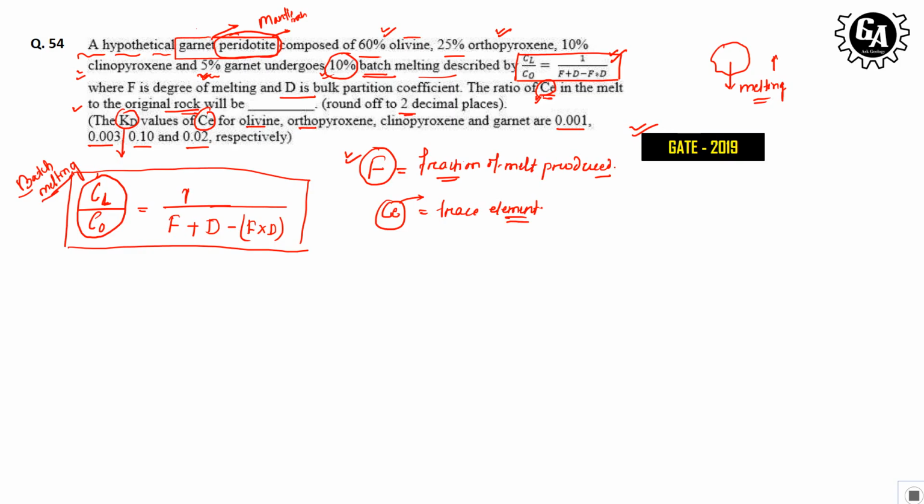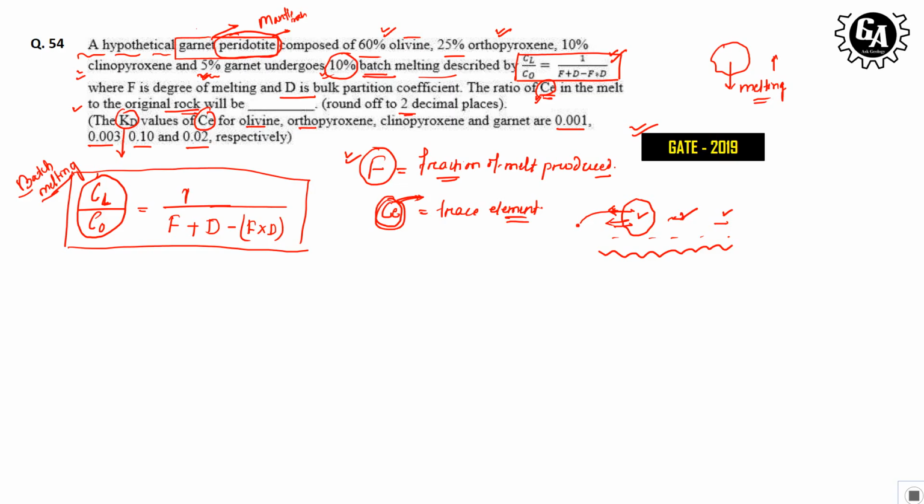So if this is olivine, let this be your cerium, then this cerium can go inside this olivine structure, and it has some distribution coefficient relationship with olivine, pyroxene and garnet. It has one distribution coefficient with olivine, a different one with pyroxene, different with garnet, and we want to determine the total bulk distribution coefficient that this trace element can go into all these mineral phases.